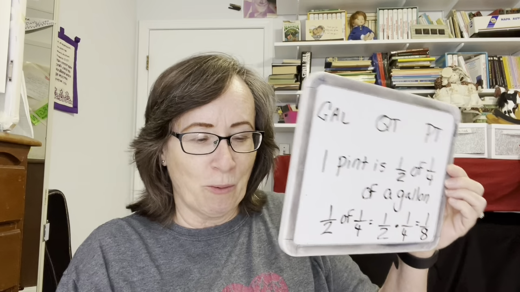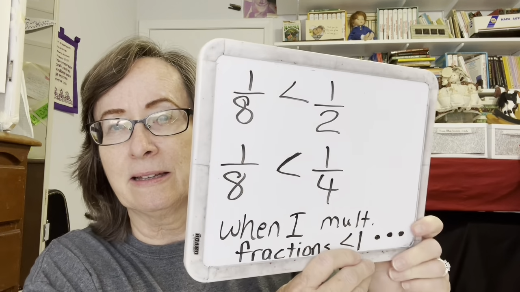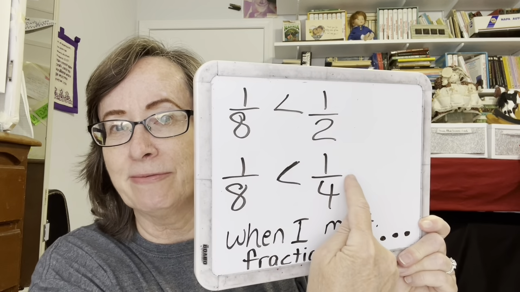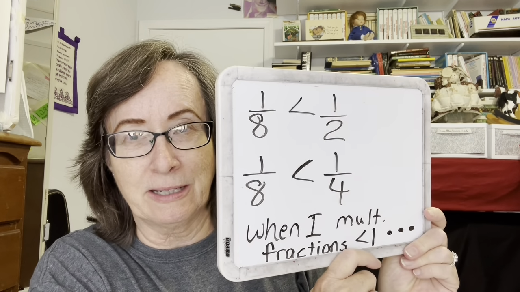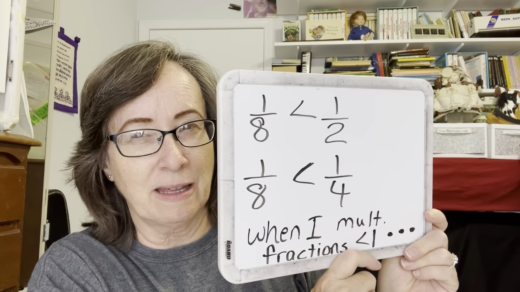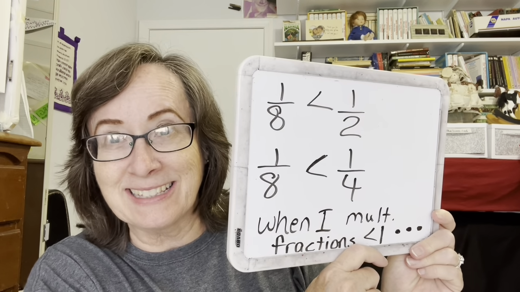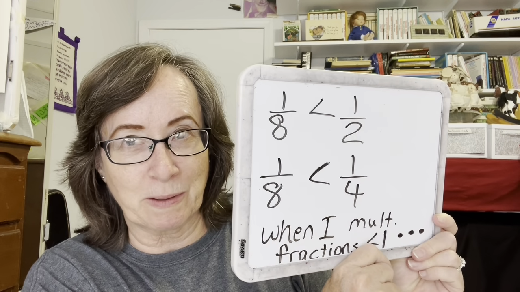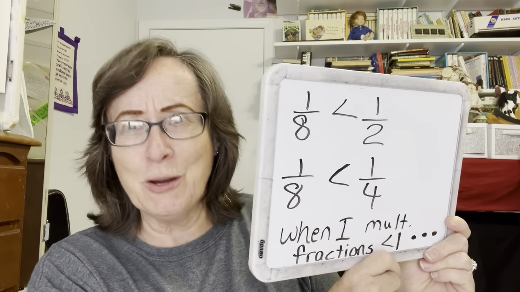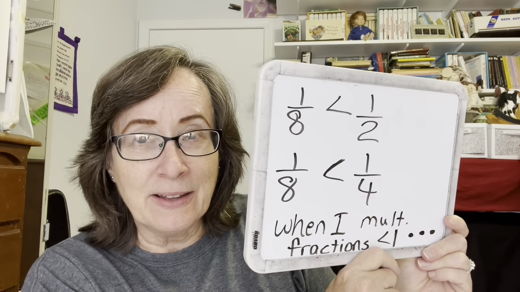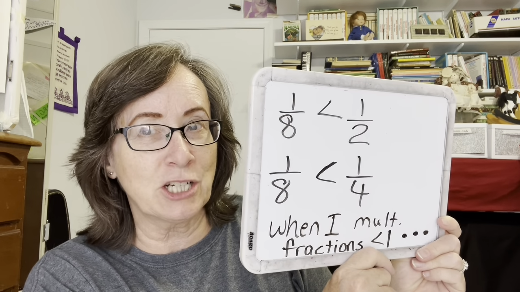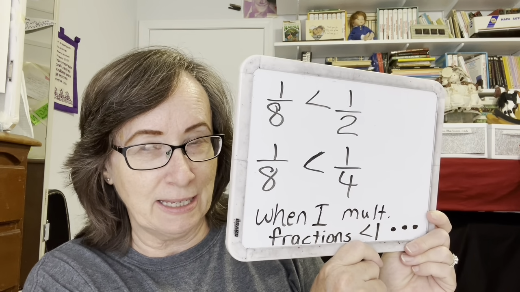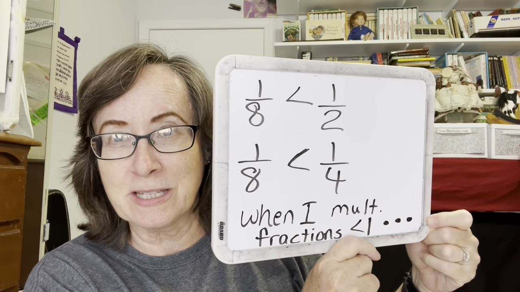Okay, so I want you to think about this. 1/8, we multiplied 1/2 and 1/4 together, and we got 1/8. But 1/8 is less than either one of the factors that were multiplied together. So do you mean that you're telling me that when you multiply fractions less than 1, can you finish the sentence?